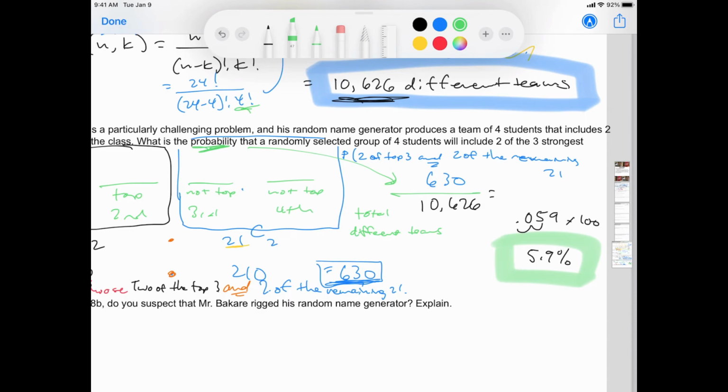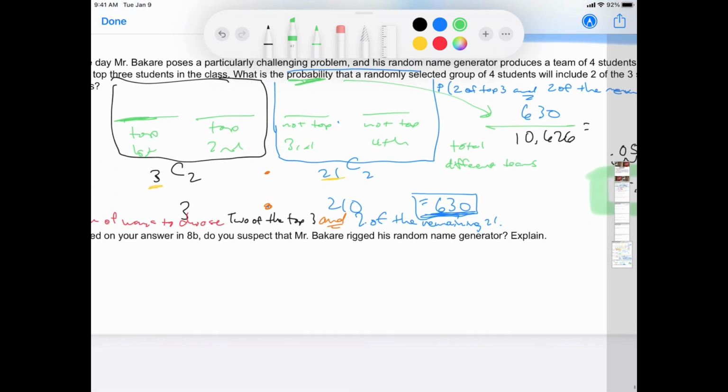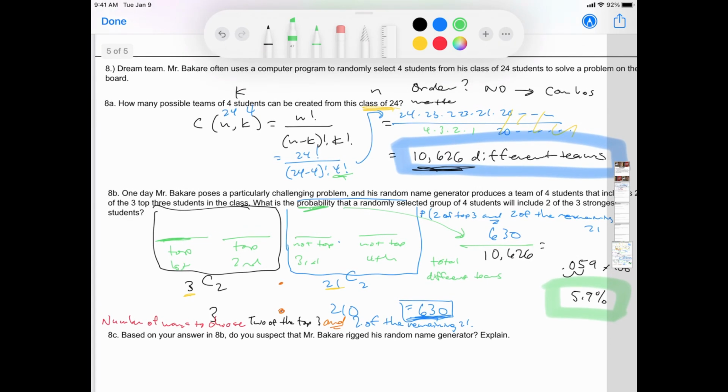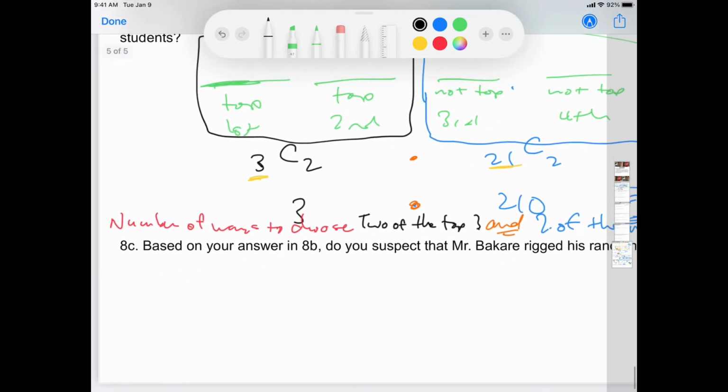Okay? All right, last one. Based on your answer in AB, do you suspect that Mr. Picari rigged his random sample generator? Okay, this reviews the idea of when is it statistically significant. Statistically significant, and I'm just going to abbreviate that by SS.